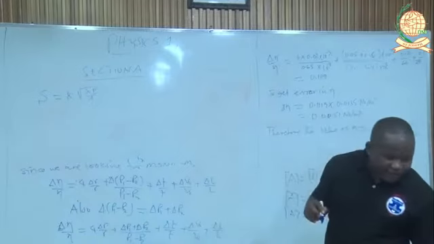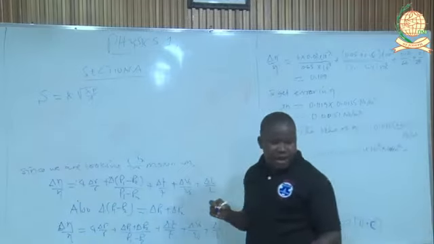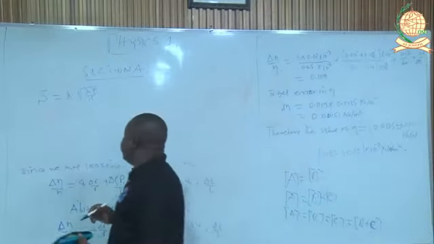Then the question: find the dimensions of the physical quantity lambda and suggest the meaning of this quantity.